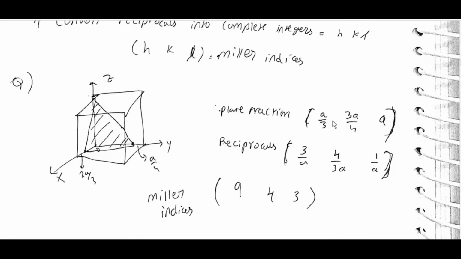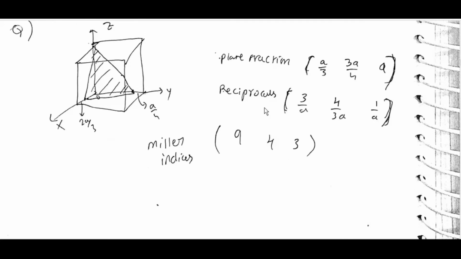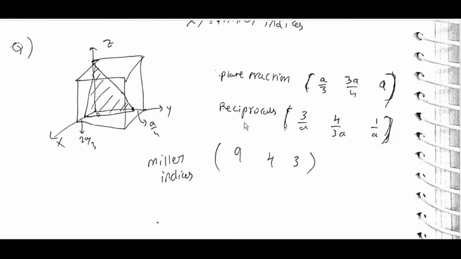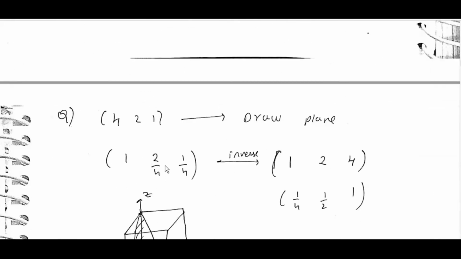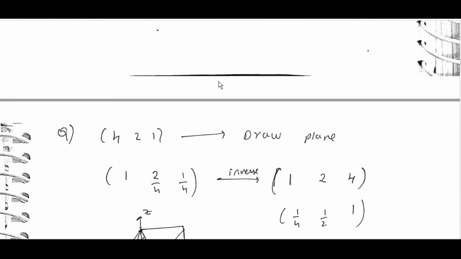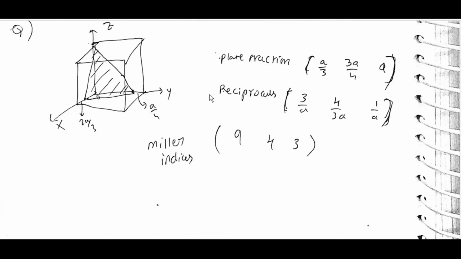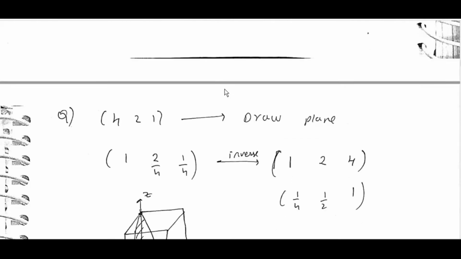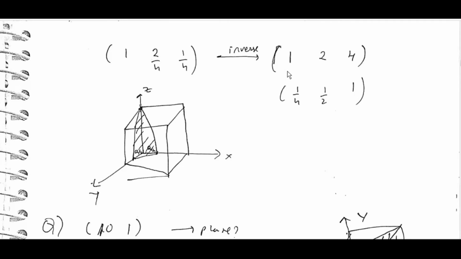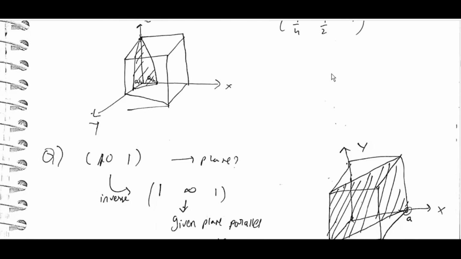First find the plane fractions, then the reciprocals, then the Miller indices. If the Miller indices are given, then find the reciprocals, then the plane fractions. Inverse: 1 by 4, 1 by 2, 1.